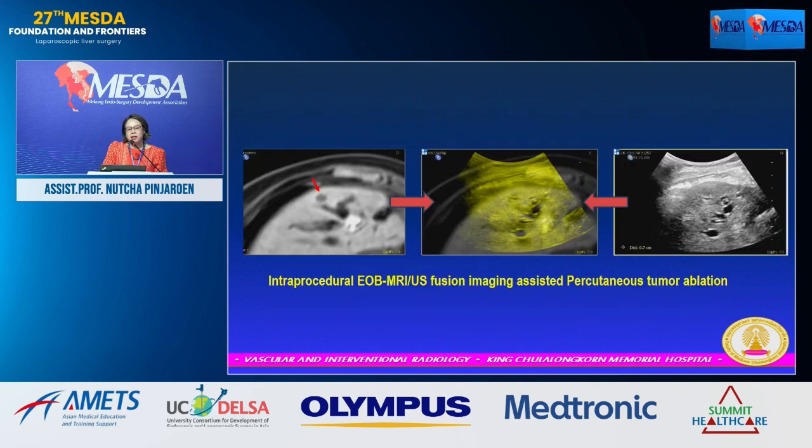And nowadays, there is the problem of the vanishing tumor, when you downsize the tumor with chemotherapy. Sometimes you cannot see it on the CT scan, but with the Primovist or EOB MRI, you can clearly see the tumor border, and with that imaging, we can fuse it with an ultrasound to locate the tumor.